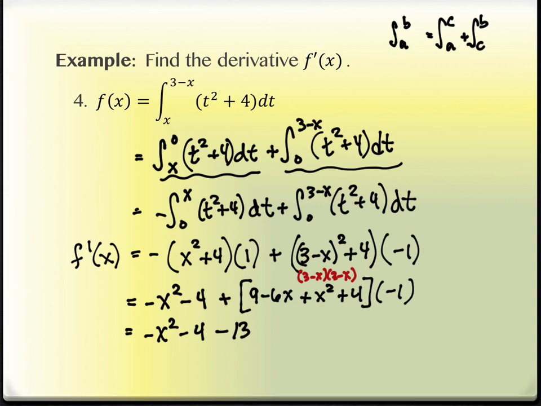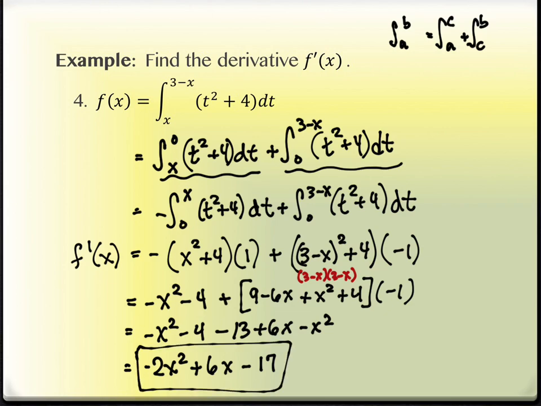I have a negative 6x, so I now have a positive 6x. And I have a negative x squared. So I have negative 2x squared, positive 6x, minus 17. Does that look right? Okay, all good?